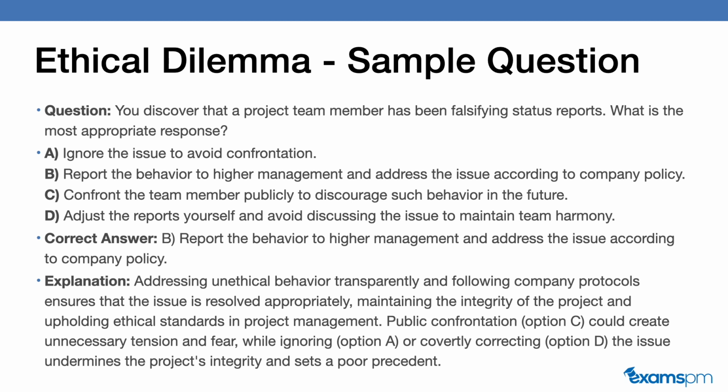So in order to maintain integrity on your project and uphold ethical standards in project management, you want to call out that bad behavior, follow your company policies accordingly, and report the issue to the higher management as appropriate.